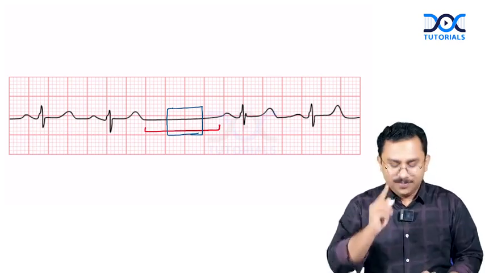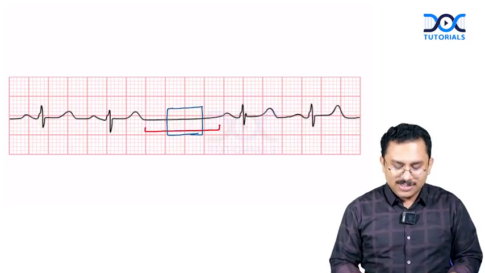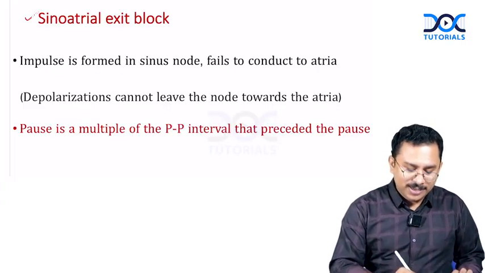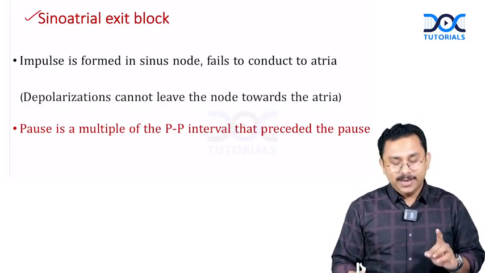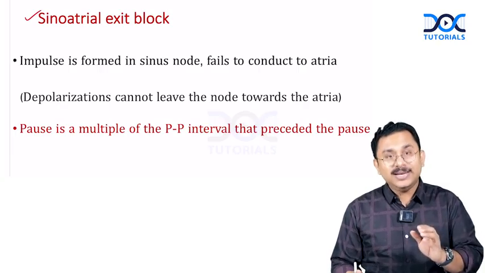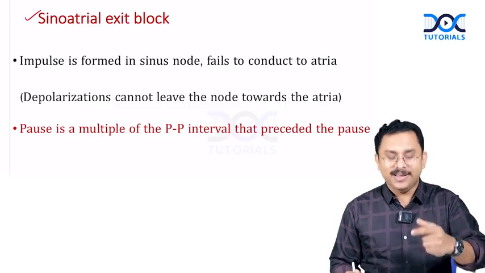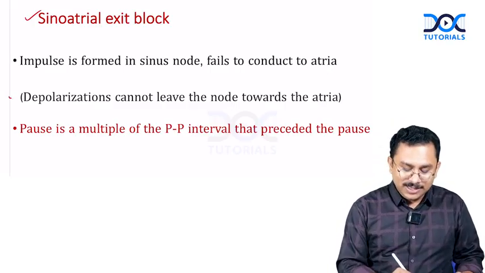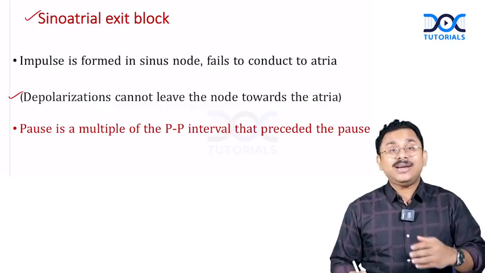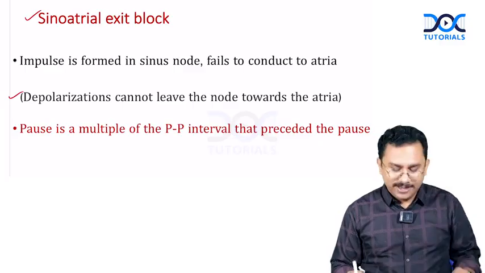But then what happened? We have a condition known as sinoatrial exit block, where the impulse is formed in the sinus node, but it fails to conduct to the atria. So that means the depolarizations cannot leave the SA node towards the atria.